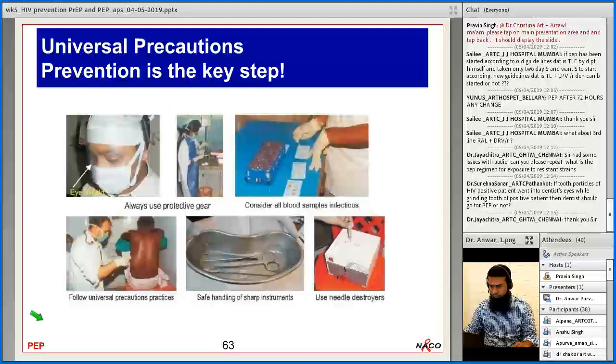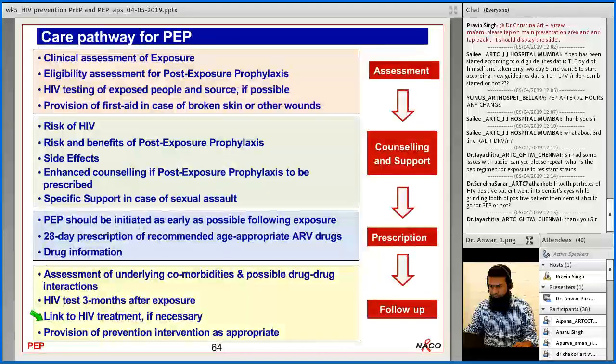That will be too much of a stretch, but I know that with dentists this might happen. I would personally not recommend PEP in that situation.